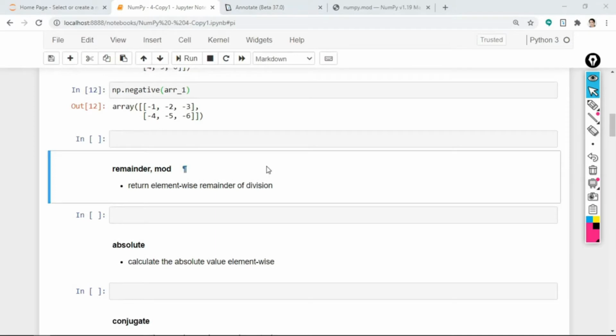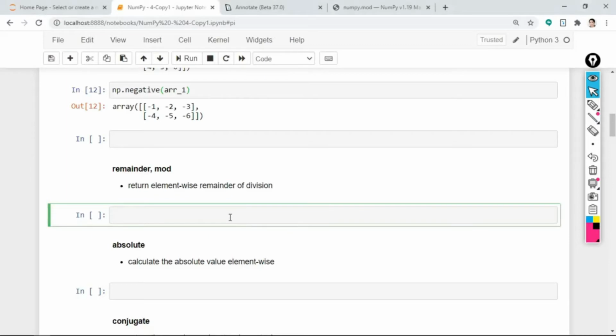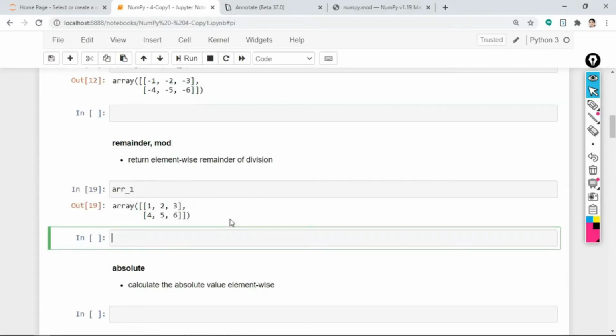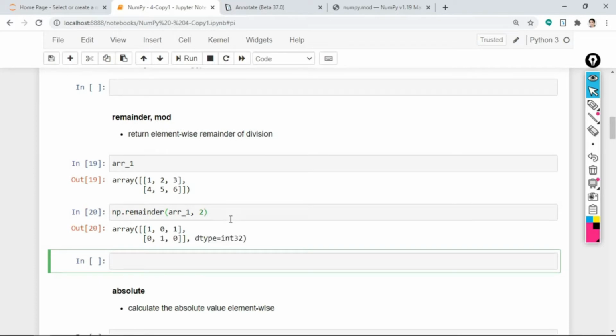So the next one, we have also the remainder or the modulus. I know you're familiar with this one. It takes 2 parameters. So again, I will use the array1 variable previously. So let's say np.remainder with array1. If we divide the NumPy array, which is a 2 by 3 matrix, by 2, it will return if there's a remainder.